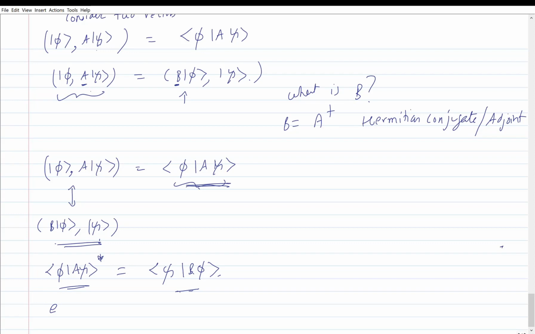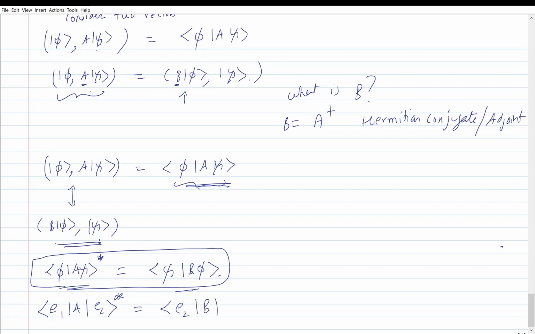Let me work with some basis elements. This definition is valid for any phi and psi, so let me do it for basis vectors E1 and E2, an orthonormal basis. That's going to give me E1. Well, there you have. We already saw that these are the matrix representations in terms of an orthonormal basis. So this is going to tell me that the row becomes the column and the column becomes the row.